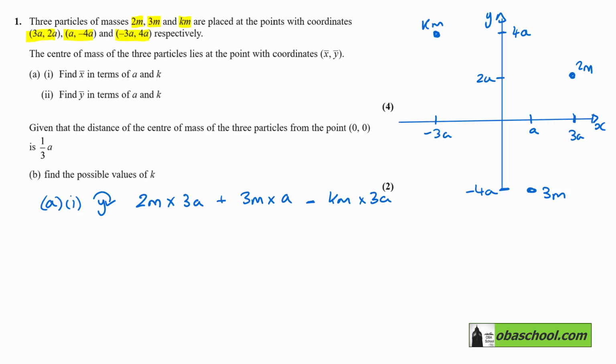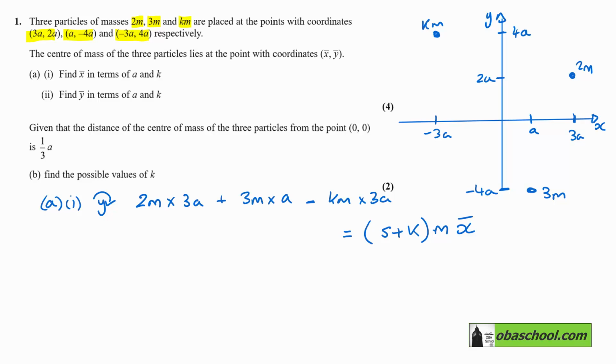Now that's the sum of the moments of all the particles. That's got to be equal to the total mass, 2m plus 3m plus km, which is 5 plus k times m, multiplied by x bar, the distance of the centre of mass from the y-axis.